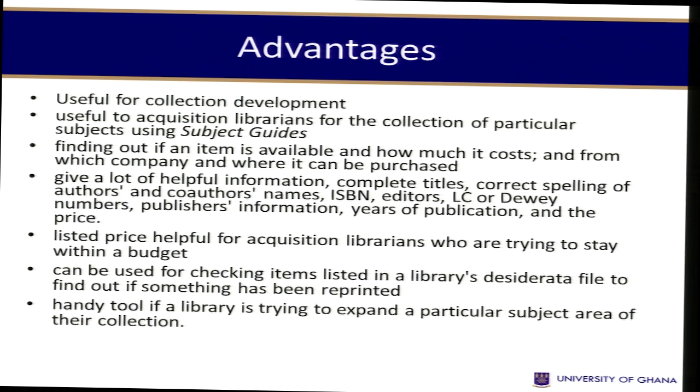It gives you the price so that it helps the librarian to be able to budget. Usually you would have librarians listing materials that they will need in what you call the desiderata file. That means the things that they would desire. So once the trade bibliography comes out, they cross-check it against what they will need or desire, and they make their purchases.